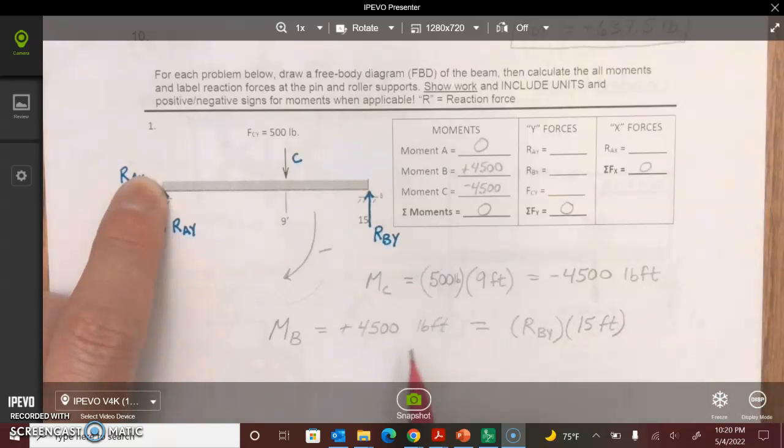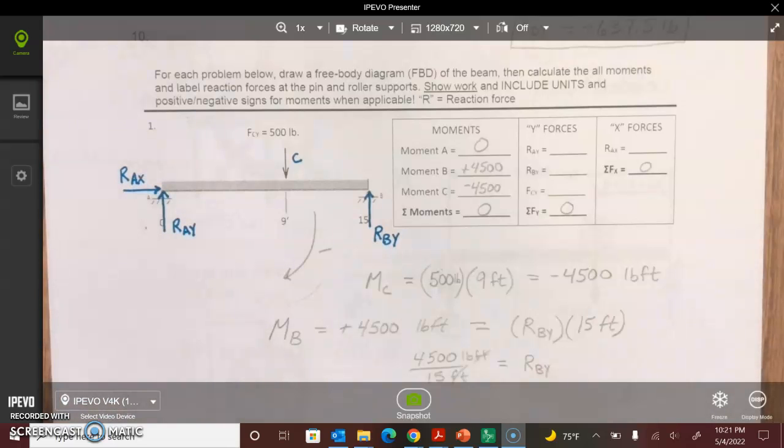So to solve for RBY, we have to take 4,500 and divide it by 15. The feet cancel out and you're left with pounds.